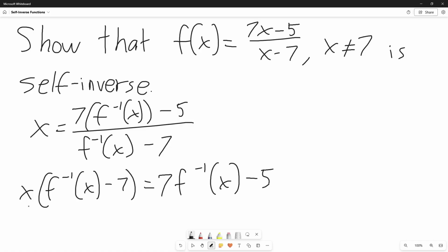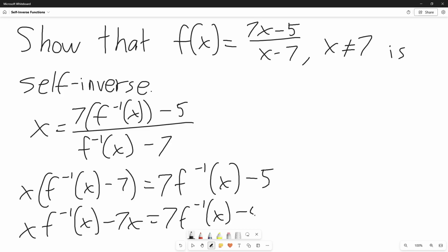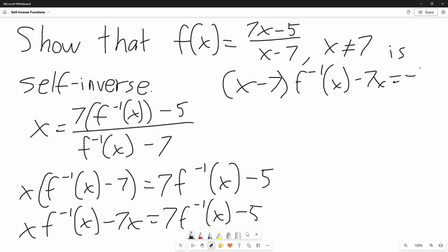And then you can distribute the x into both, so x times f inverse of x minus 7x is equal to 7 f inverse of x minus 5. And then now you can subtract 7 times the inverse function from both sides, and on the left you get x times f inverse of x minus 7 times f inverse of x minus 7x equals negative 5.